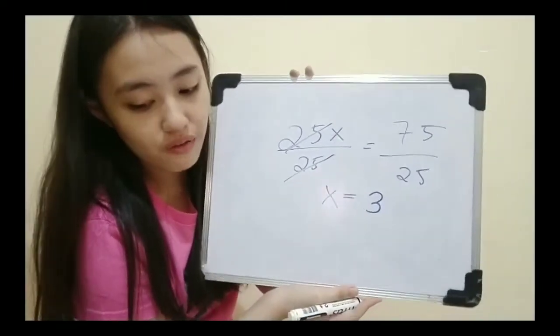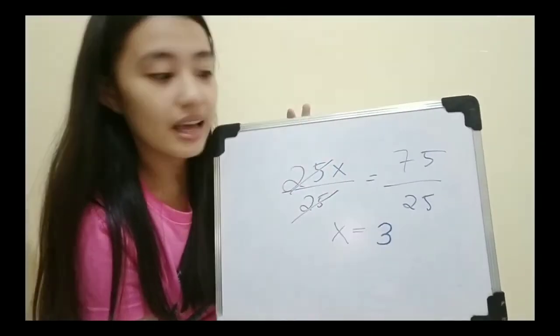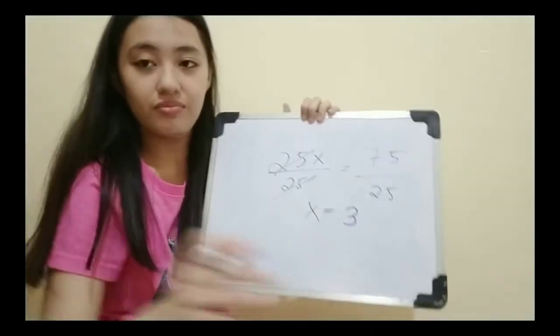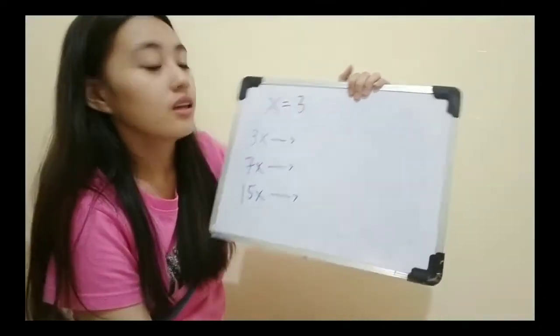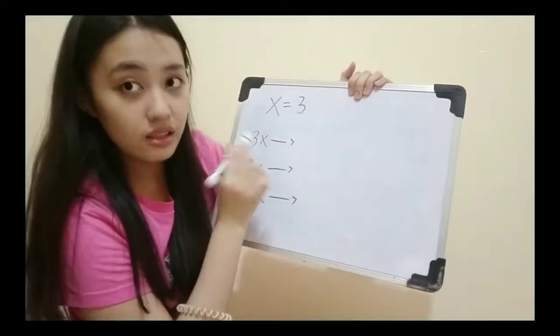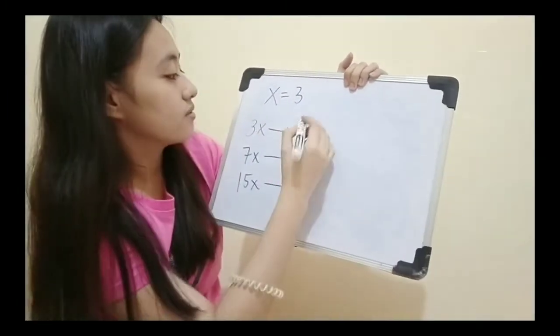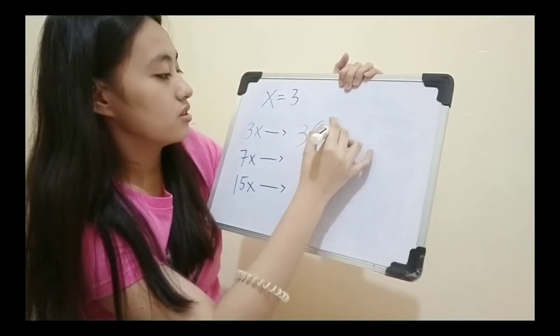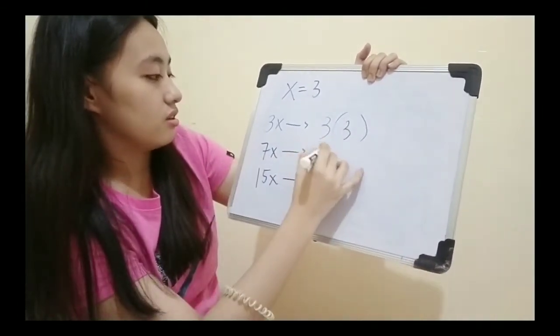So, given this value of x, we can now identify the shares that each child would receive. Given that x is 3, we will substitute 3 for x. 3 times 3, and we'll do the same for 7 and 15.